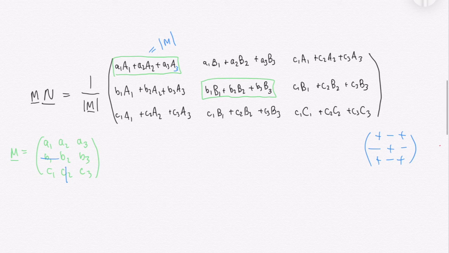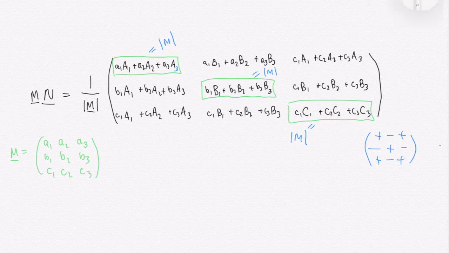And then we take b3 and multiply by the cofactor capital B3, which is negative the determinant of the matrix a1, a2, c1, c2. And again, notice this is just calculating the determinant of M, but this time expanding by the middle row. So this middle element is also equal to the determinant of M. And by some similar logic, you should be able to see that the bottom right element here is just the determinant of M by expanding across the bottom row.